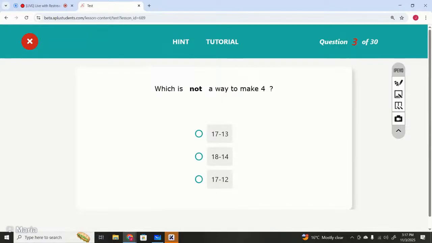Which is not a way to make 4? So that means you don't have to make 4, right? So then that would be 17 take away 12, that makes 5.